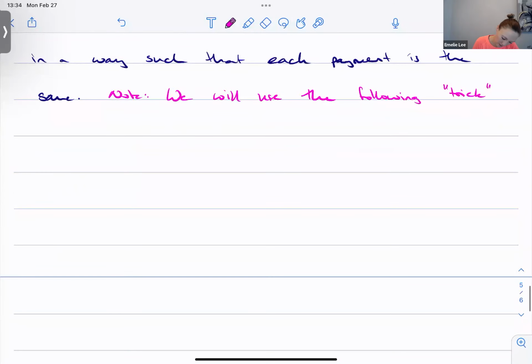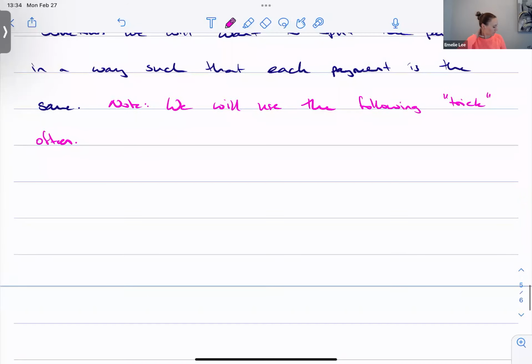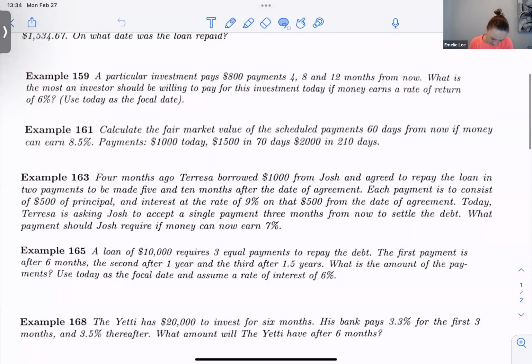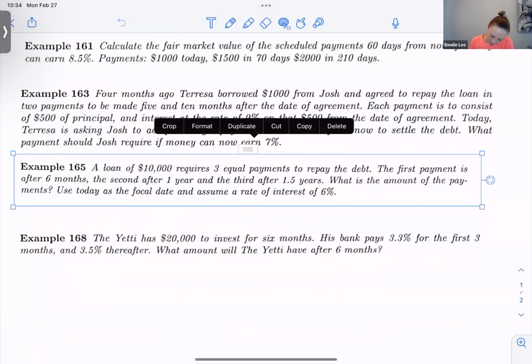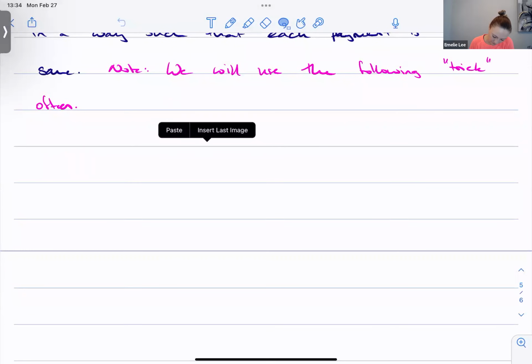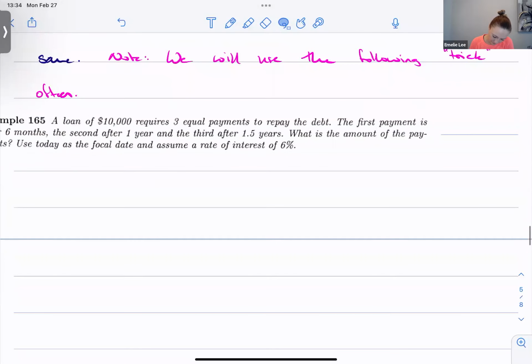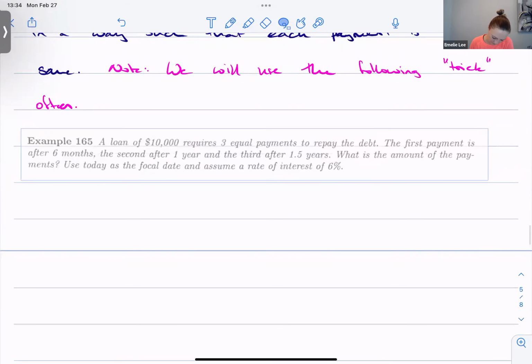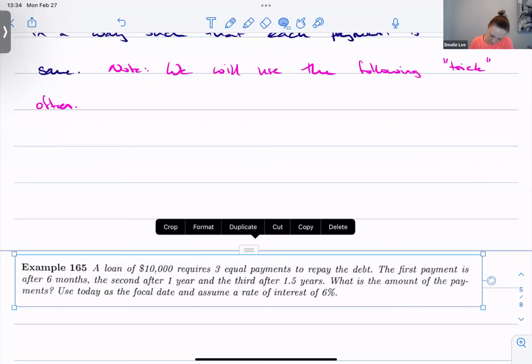So let's see here. I'll put it on a fresh page here.